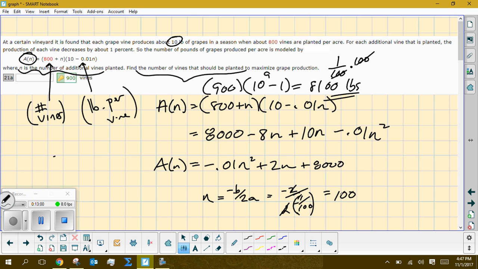What people struggle with on this question is that N is 100, and the answer they want is the total amount of vines you need to plant, so it'd be 900, so you add 800 and 100. And obviously they don't ask for this 8,100, but it is kind of nice to think about.